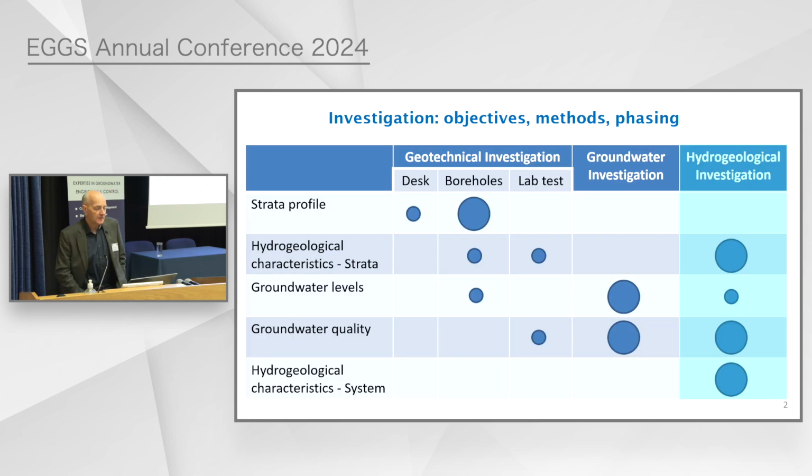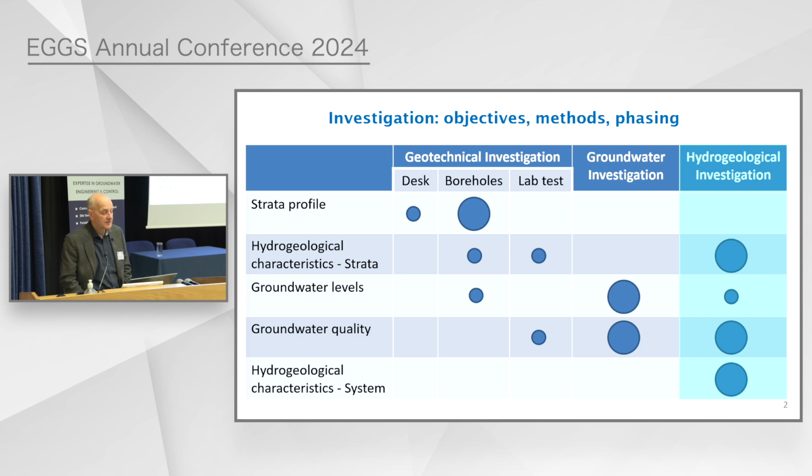So observational models, principally, we're looking at investigation, and when we look at intrusive investigation, we've divided that into 3 sections: the geotechnical investigation, where we're really looking at strata profile, collecting some basic parameters.